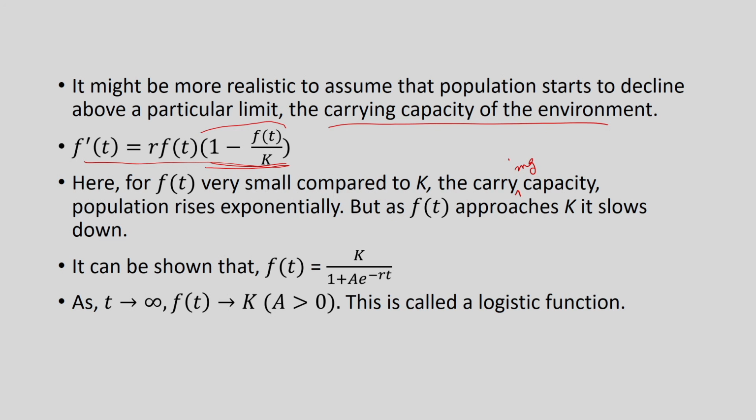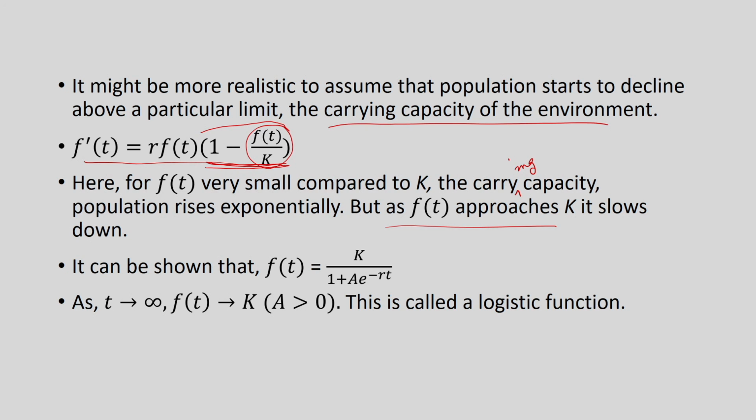But as f of t approaches capital K, it slows down. Imagine f of t not equal to K, but very close to K. Then this term will be very close to 1, and 1 minus a term very close to 1 makes this factor close to 0. So in that case f dash of t approaches 0.